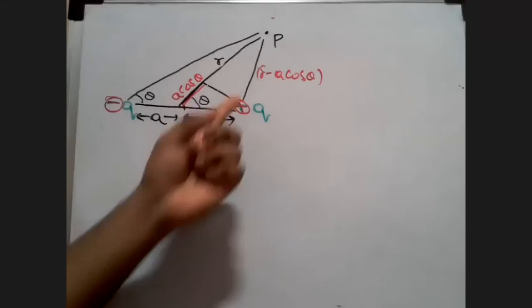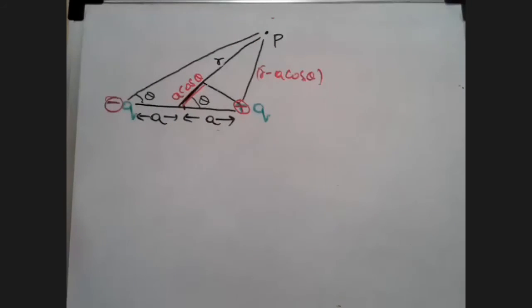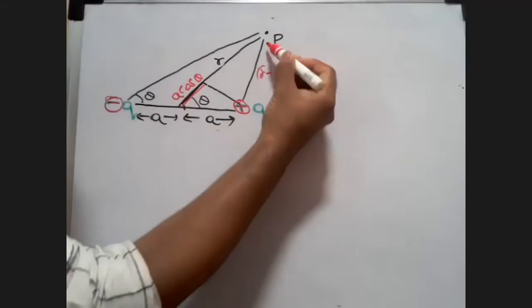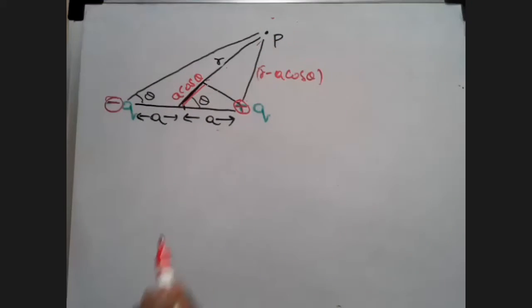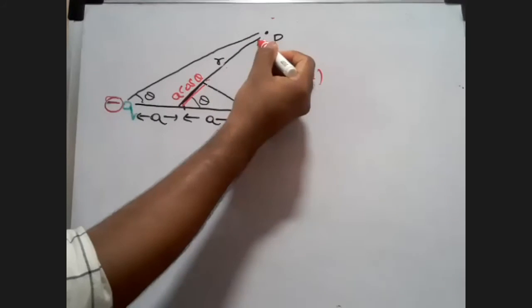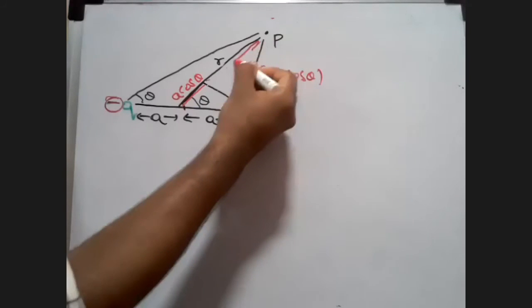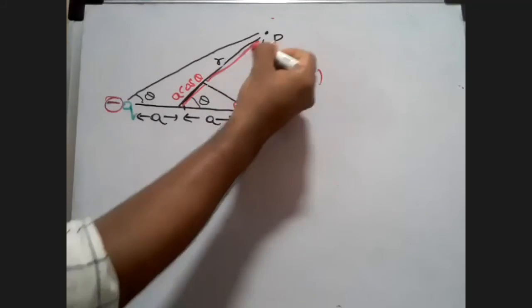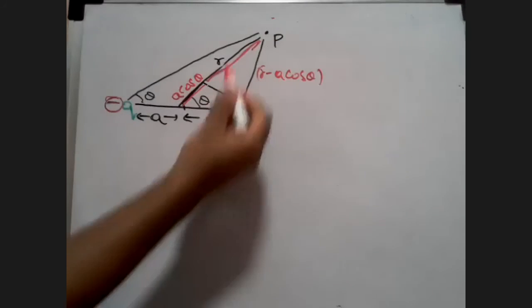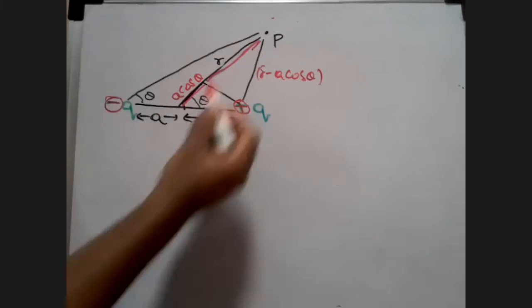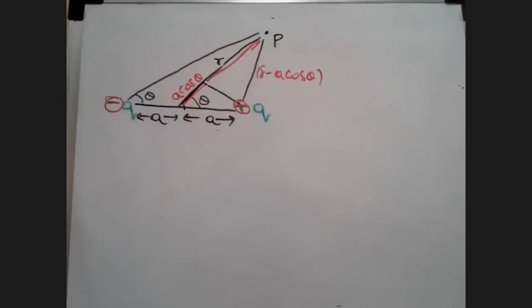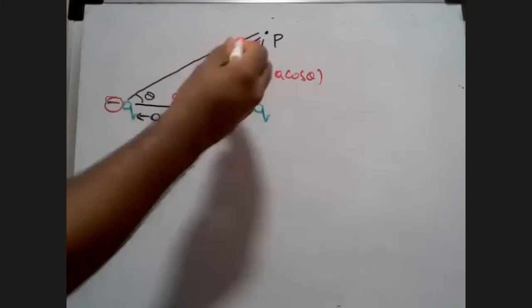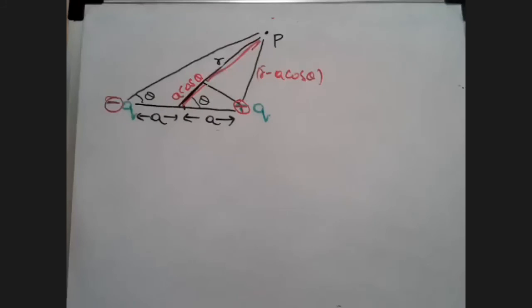So this distance will be R minus a cos theta, because R is the entire distance from here to here.